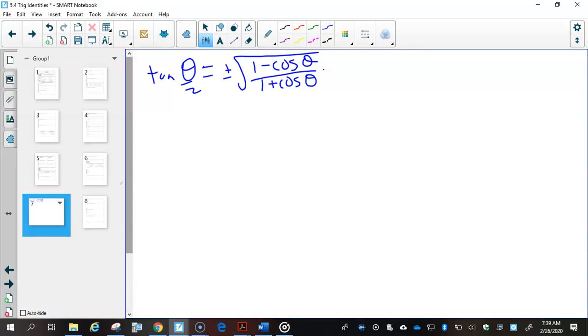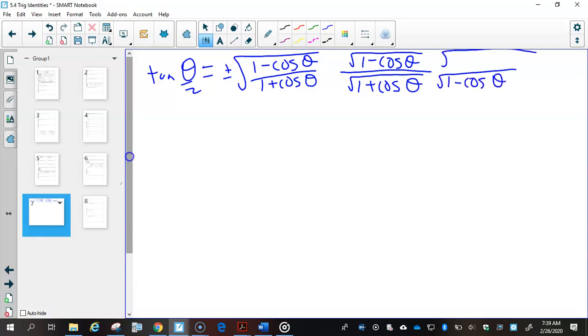I'm going to separate these first. And get the square root out of the denominator by multiplying by its conjugate, which is the opposite sign. When you do this, really you have these two things being multiplied all underneath the square root.